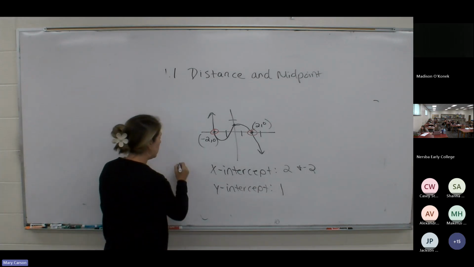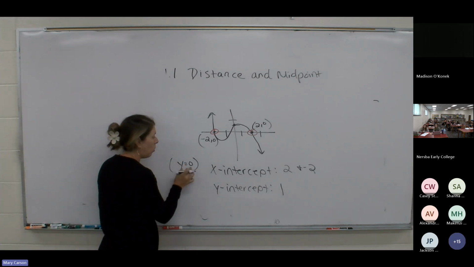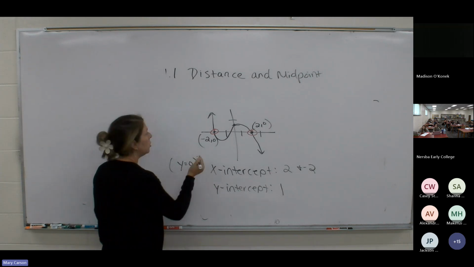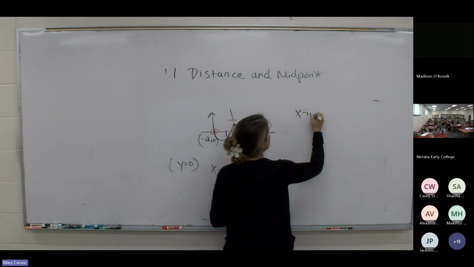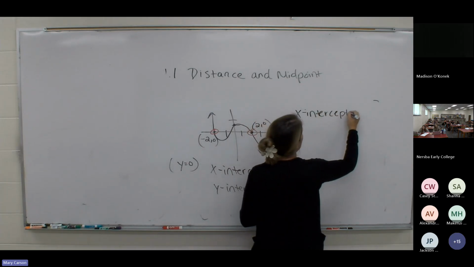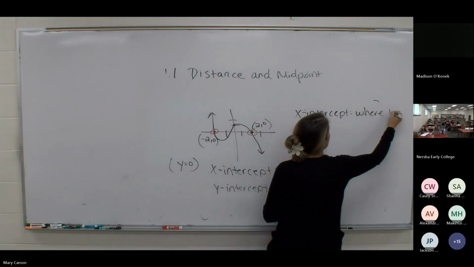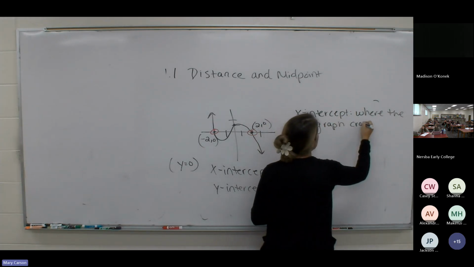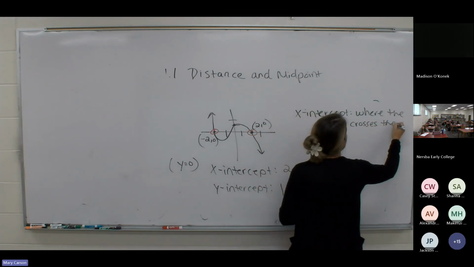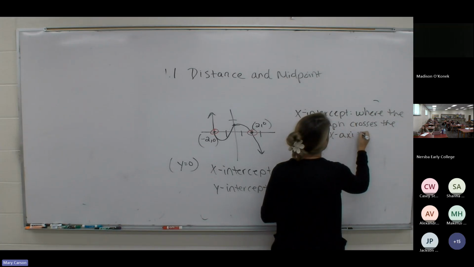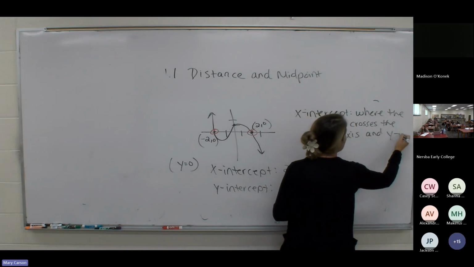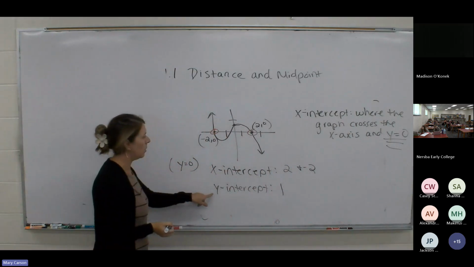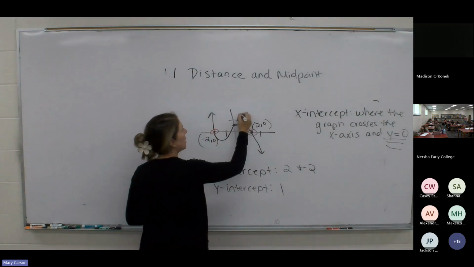So when you guys tell me the definition, this is what I want y'all to remember, okay? The x-intercept, the y value is 0. So when you write the definition of an x-intercept, you're going to say where the graph crosses the x-axis and y is equal to 0. That is what I want you guys to remember, okay? What about the y-intercept? This is the ordered pair 0, 1.